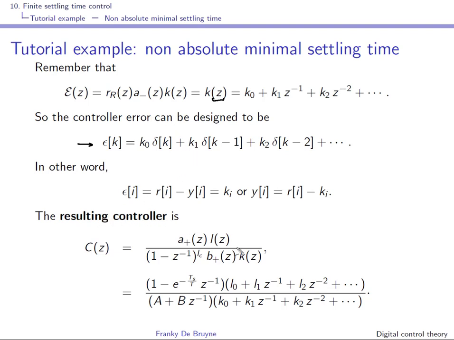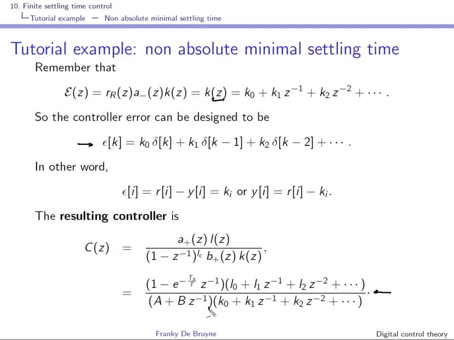So if we inject k and L in the controller, this is what we obtain, right? We had obtained the same controller, but we had chosen k0 is equal to 1, right? And all the other ones, k1, k2, k3 equal to 0. So this had produced here L0 is equal to 1 and all the other ones equal to 0. Now we have chosen a non-absolute minimal settling time controller, so it is a bit more complicated.